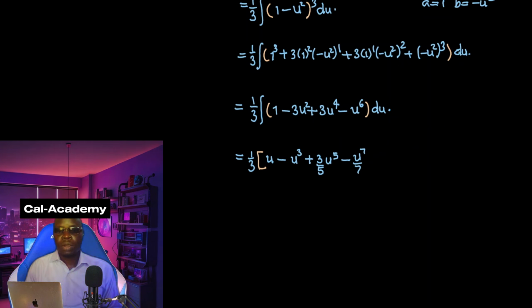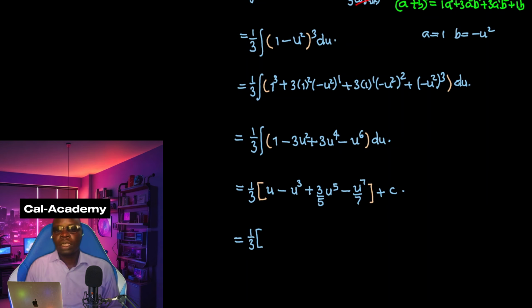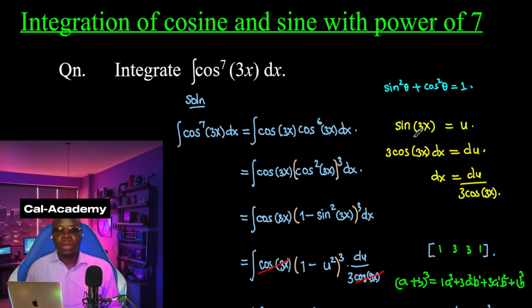So we can close our bracket plus our constant of integration here. So next we have u in terms of cosine. We first need to check. We let u to be something. u is sine 3x.